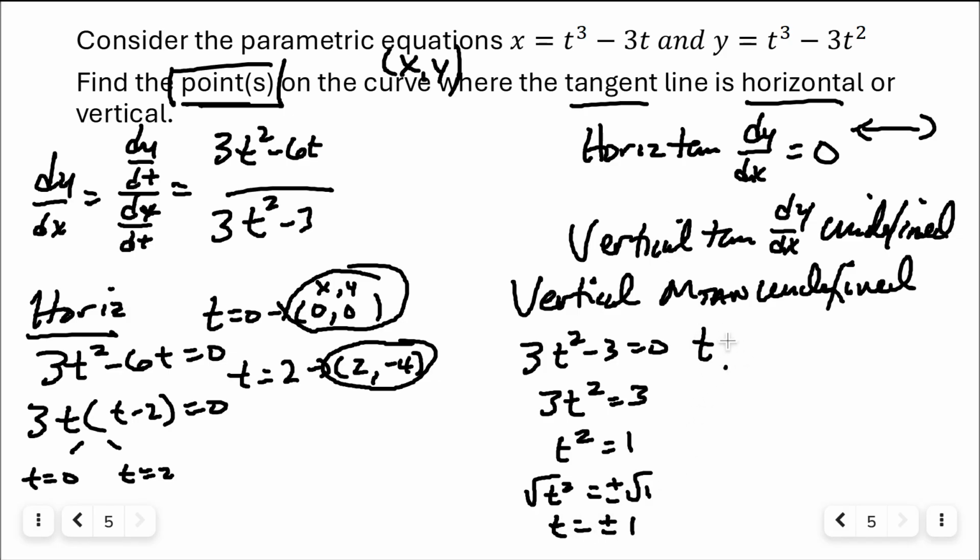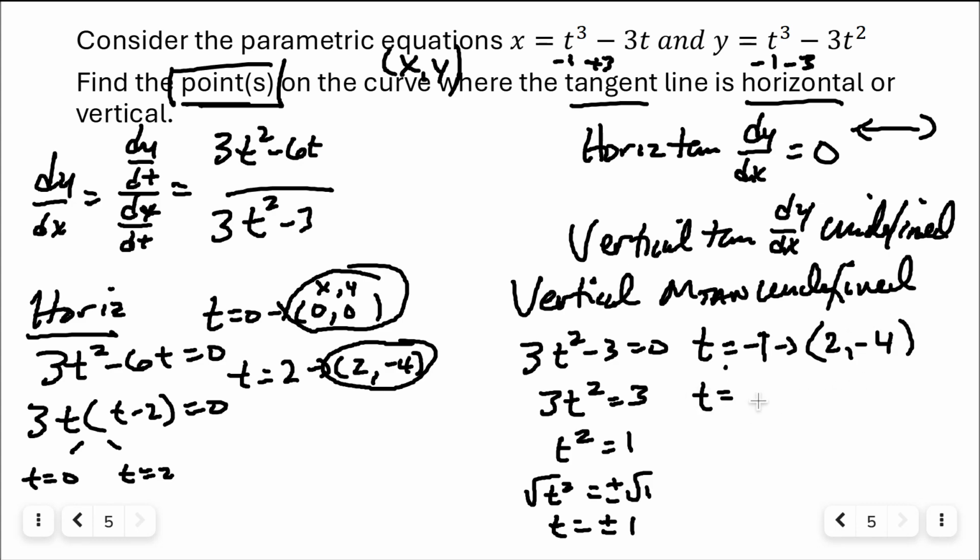Okay. But again, I need points. So if t equals negative 1, I substitute that in back up top. Negative 1 cubed is negative 1, and 3 times negative 1 is plus 3, so that's 2. And then negative 1 cubed is negative 1, negative 1 squared is 1, times 3, negative 4.